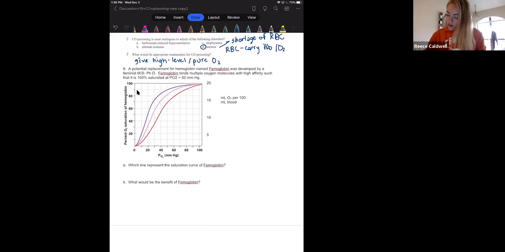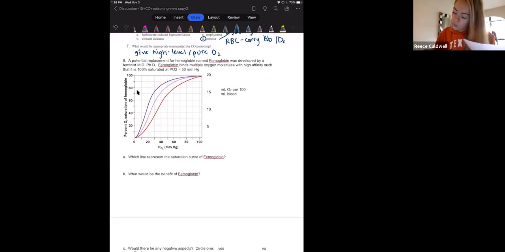So when knocking into question number 1, which line is representing the saturation curve of hemoglobin, that is going to be the left shifted line. This middle line is our normal line, and you know that because you look at your 2 markers, 140, 100% saturated at the lungs, and about 75% saturated at the tissues.